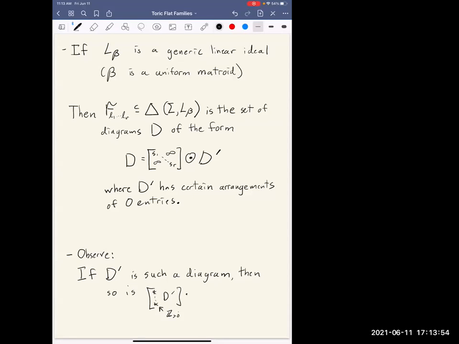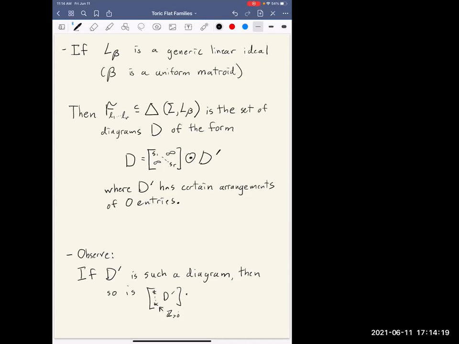Then this polyhedral complex that I mentioned earlier can be explicitly described basically as the set of diagrams with certain arrangements of zero entries. The idea here is you take an integral matrix, you insist that certain rows have the same number of zero entries using a formula that I'm not telling you.